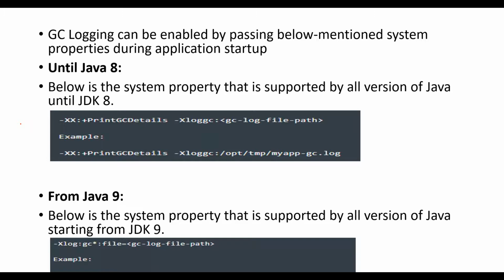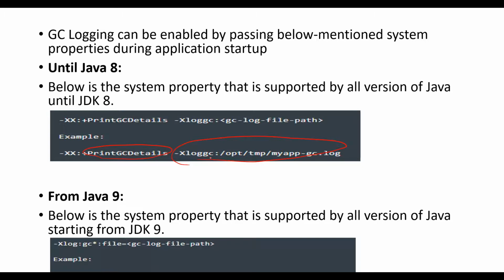Till Java 8, this property was supported by all the JDKs. You have to specifically mention the -XX option you can see on the screen, print GC details, and you just have to give the GC path.